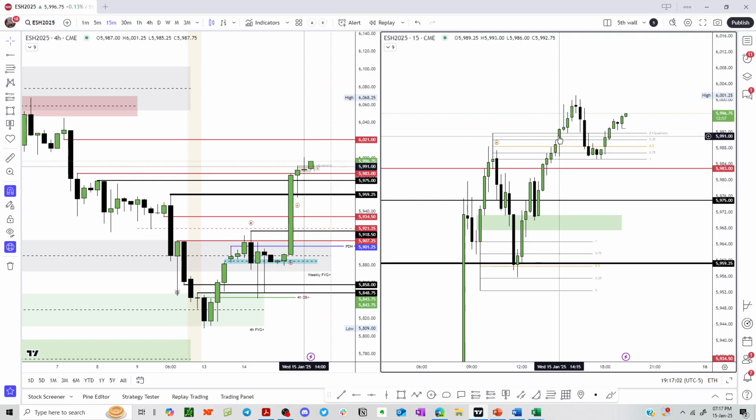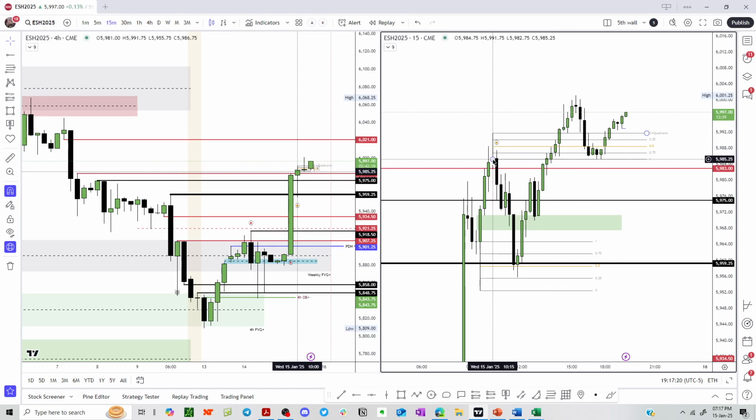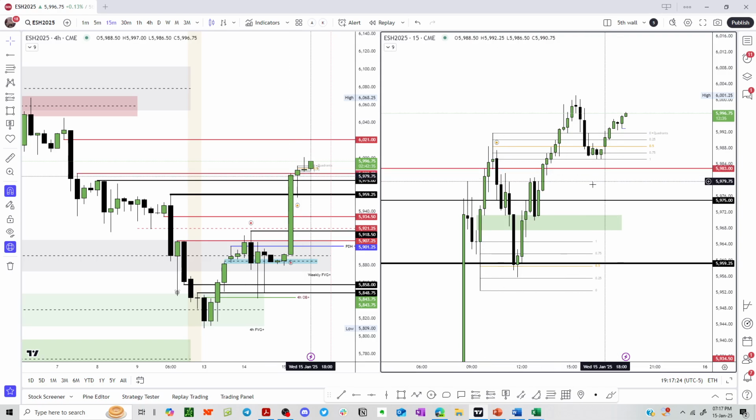We got a little gap here. Still trucking, made a swing high. Pulled back. Took out that swing high again during power hour, 315. And then pulled back down to the bottom of the wick, or whatever you want to classify it.